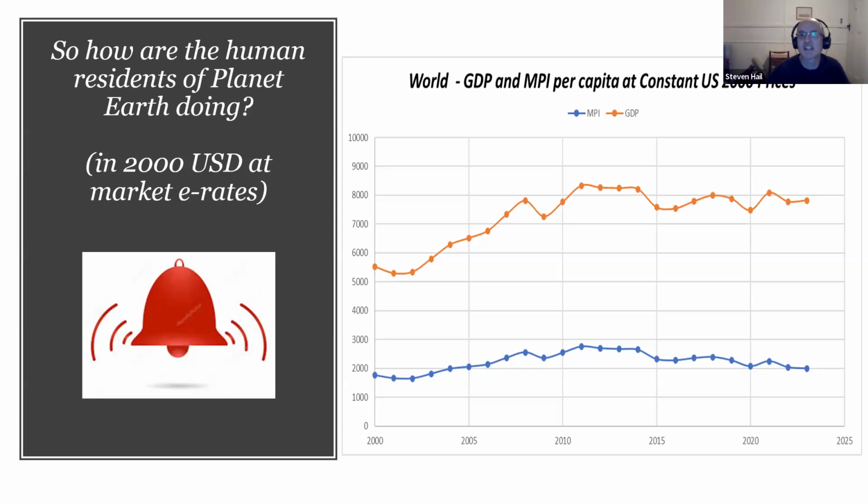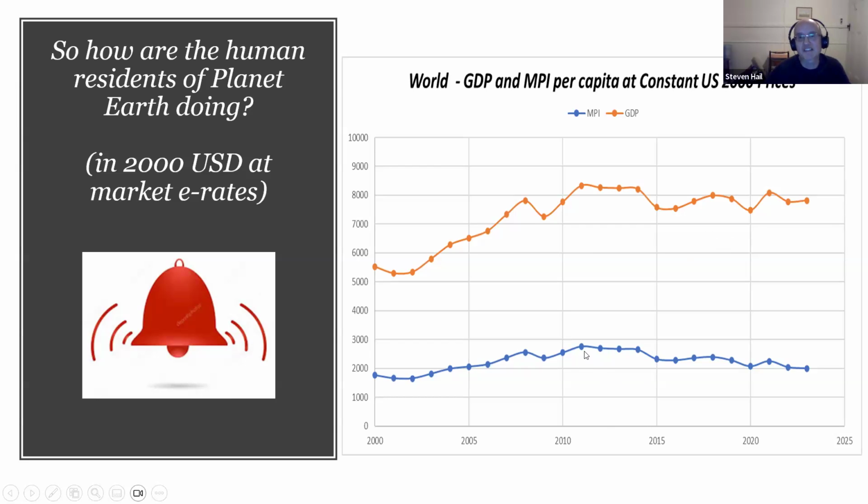And this makes it more difficult to develop low and middle income economies when the US dollar is strong, as it's been in recent years. So I make no apology for these real GDP figures being converted into US dollars at market exchange rates. That's basically global gross domestic product adjusted for inflation divided by the world population.